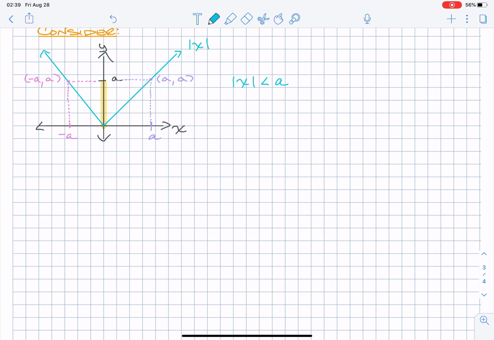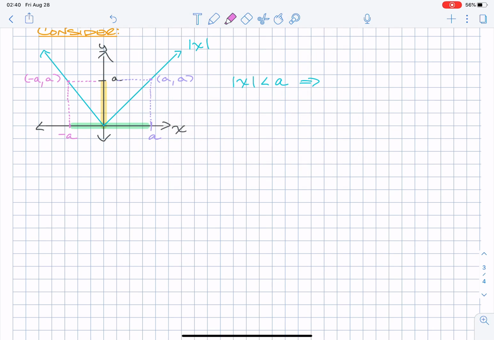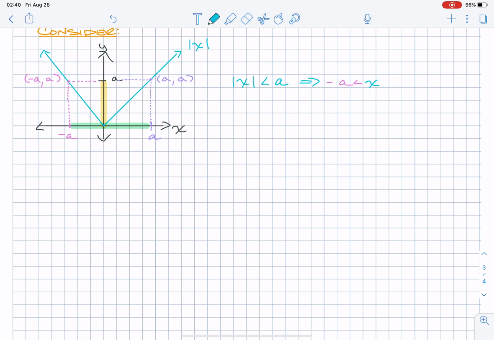So where is that going to be true? If I look at the x-axis, for which values of x is that going to be true? Well, I claim that that's true for values of x between negative a and a. So the way I'm going to say this is that negative a will be less than whatever x is, and x will be less than a.